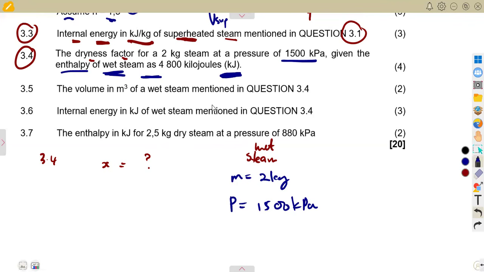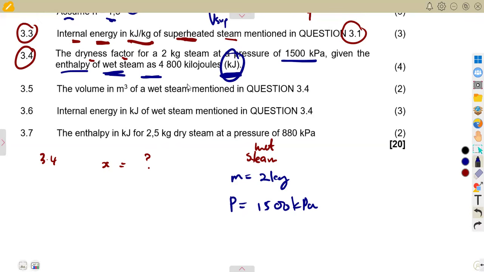That is where they were testing you. These 4 marks, we're going to obtain it. The enthalpy there of wet steam is 4,800 kilojoules. Is it how it is supposed to be given?